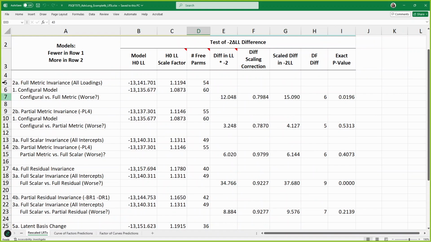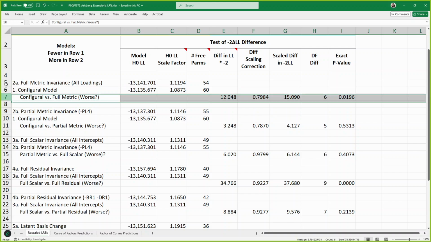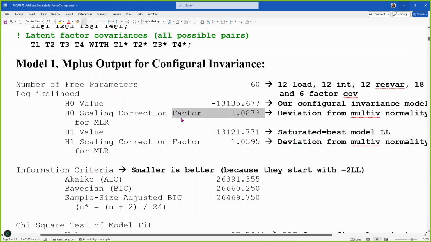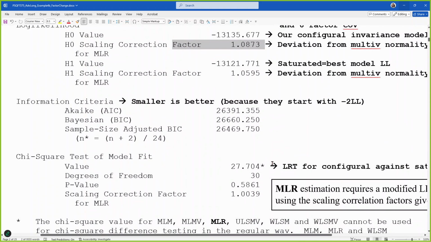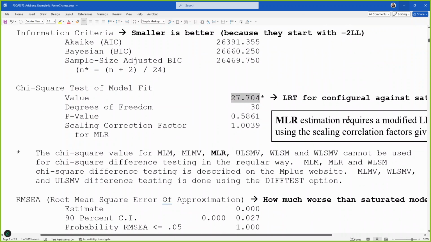So each of these is a likelihood ratio test. So the first thing I'm going to do, for instance, is compare the configural model to the next metric model for loadings and whatnot. So essentially what is happening in this output for the chi-square is that it's doing that for you. So this chi-square test of 27 is how much worse our model fits than the perfect saturated model.